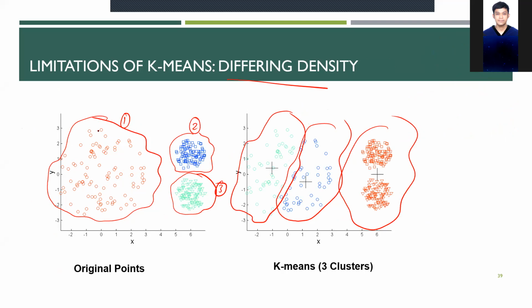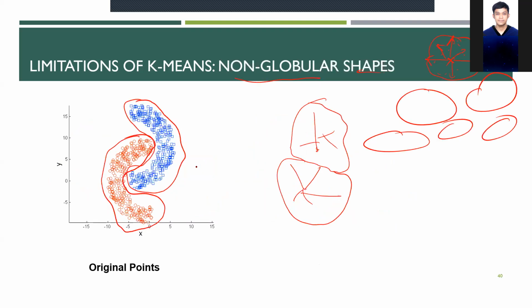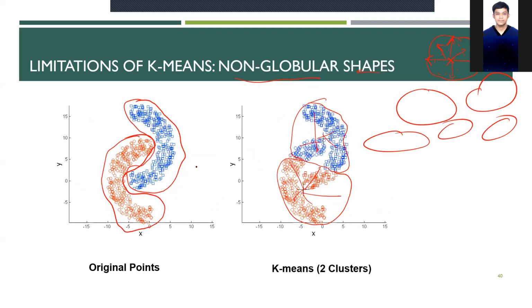One cluster is not quite dense, but two clusters are so dense. So in this case, this is also a difficult problem for k-means. This one is also a difficult case for k-means.